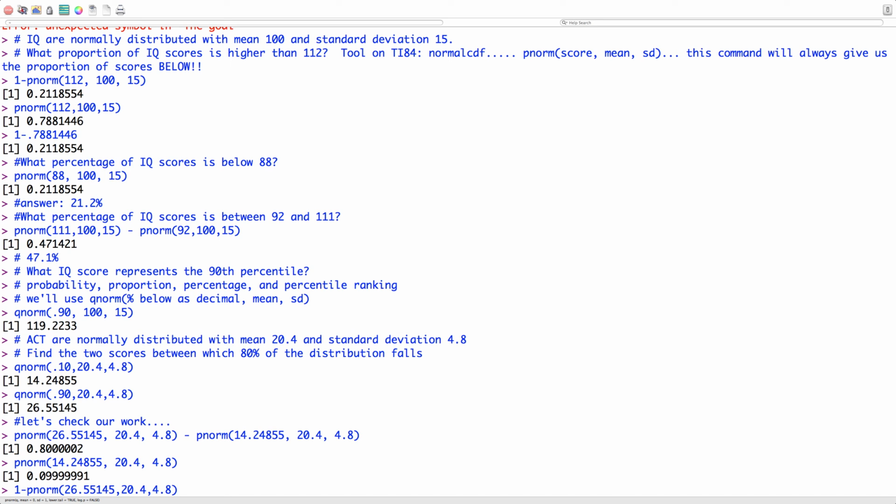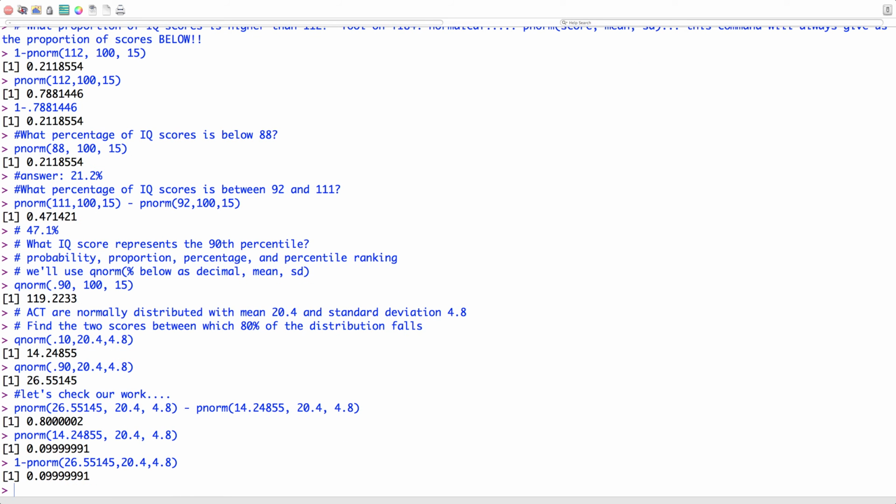Well, it better be close to 10%. You guys, it is. So these two values being dead on, in conjunction with the area between the values being right at 80%, I would feel very, very, very confident in getting this problem correct.